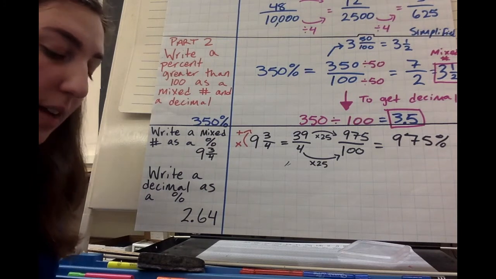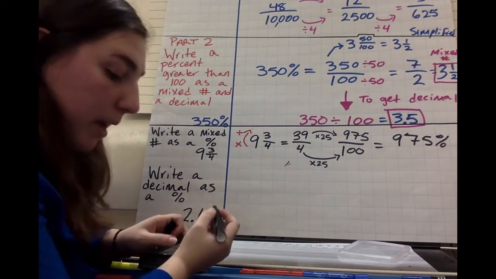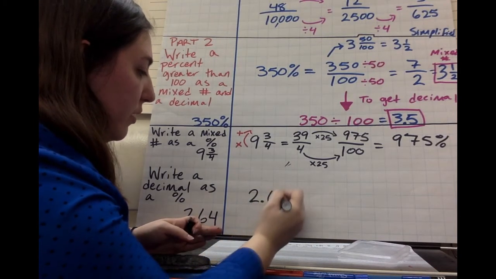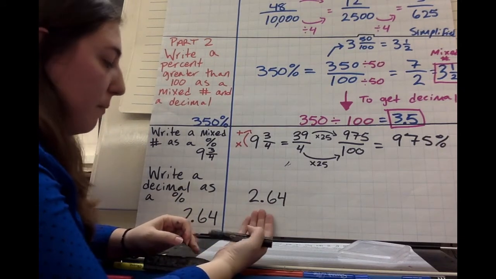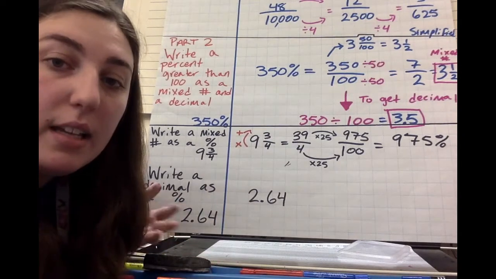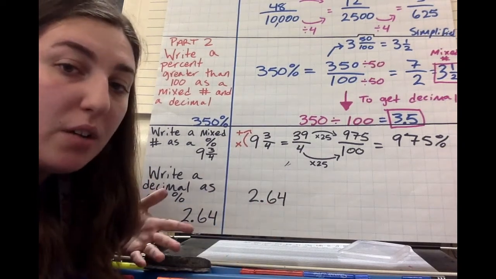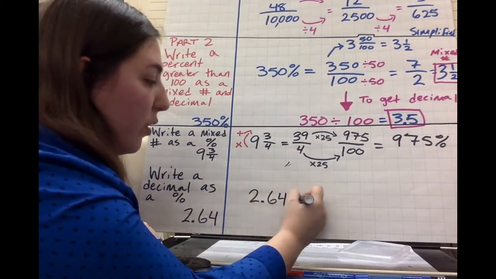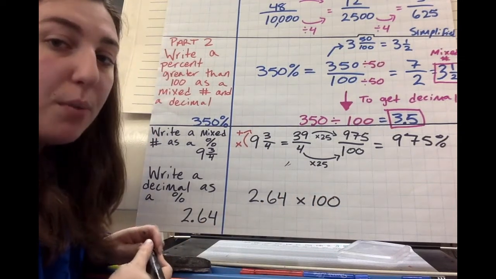We want to put that decimal into a percent. So I'm going to rewrite that up here, 2.64. When I'm trying to write my decimal as a percent, the only thing I need to do is multiply this decimal by 100. I'll explain that in a second. But 2.64 times 100 will give us our percent.